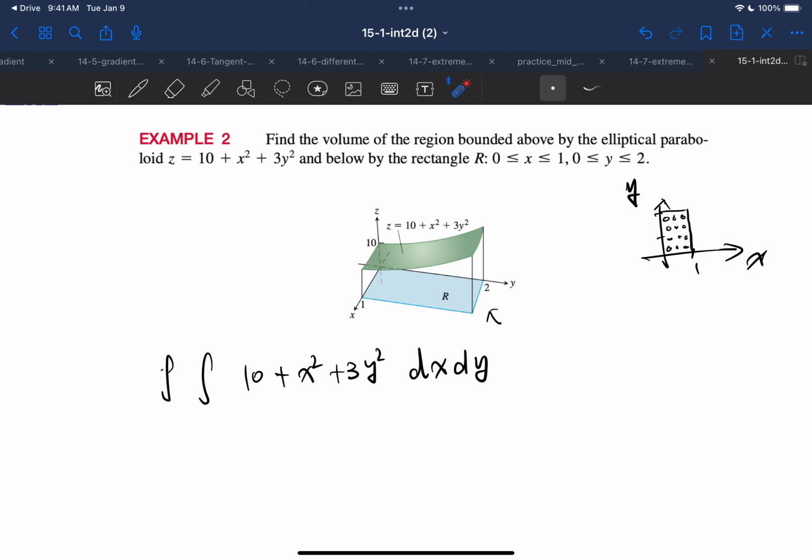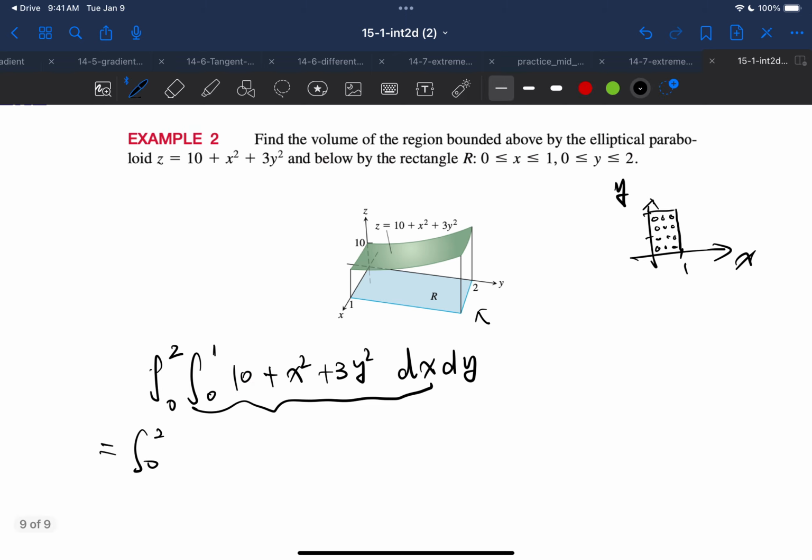Then if you choose x as the inner integral, we look at the x range, which is running from 0 to 1, and y is the outer integral, which is 0 to 2, specified by the problem. And then as usual, we do the inner integral. In that case, y is frozen, just a constant. So here 10, its antiderivative is 10x, right? And for x squared, the antiderivative is 1/3 x cubed, and 3y squared should be thought of as a constant.